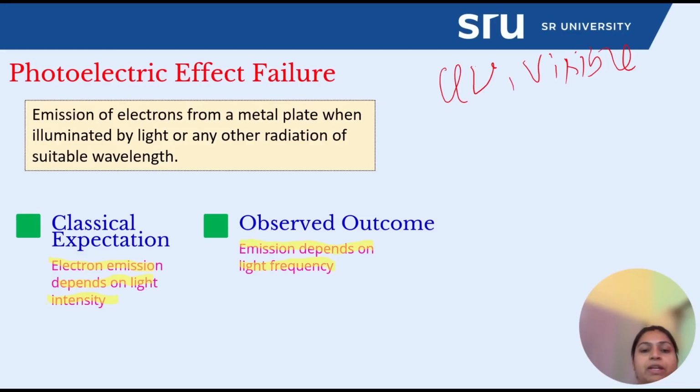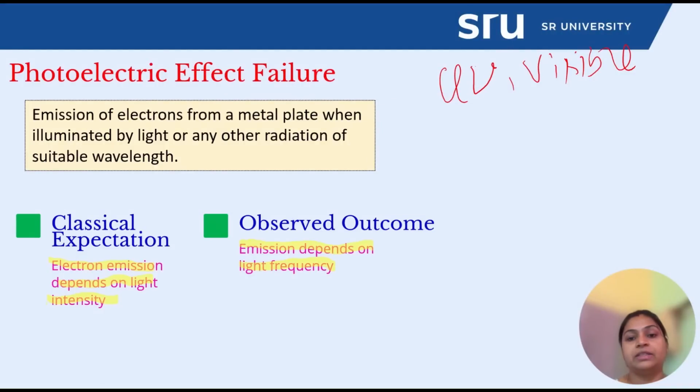So the experimental observations are, first, the threshold frequency. What is that? No electrons are emitted below a certain frequency, no matter the intensity. Second, instant emission: electrons are ejected immediately when light above threshold strikes the surface, with no time delay.